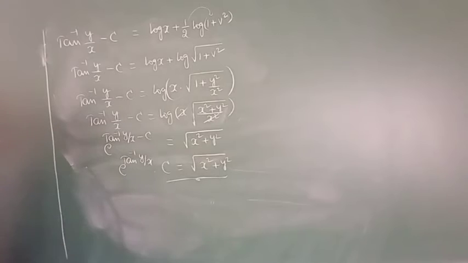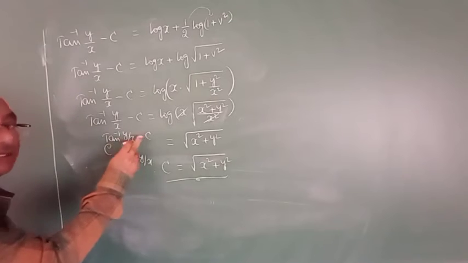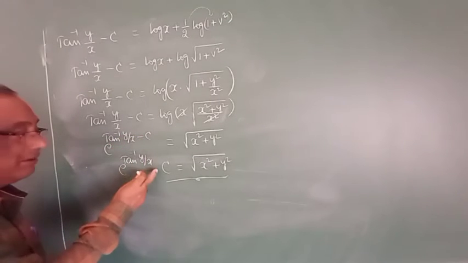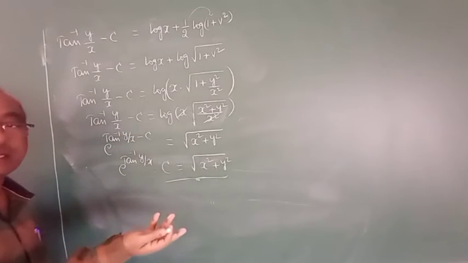That is the required answer in the back side of the textbook. Right, everyone. E power of minus c we will write as a capital C. That is a constant.